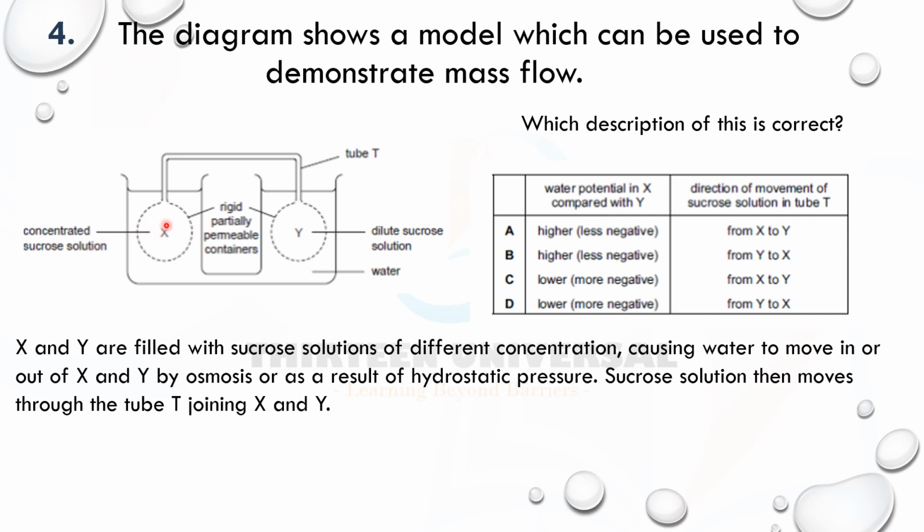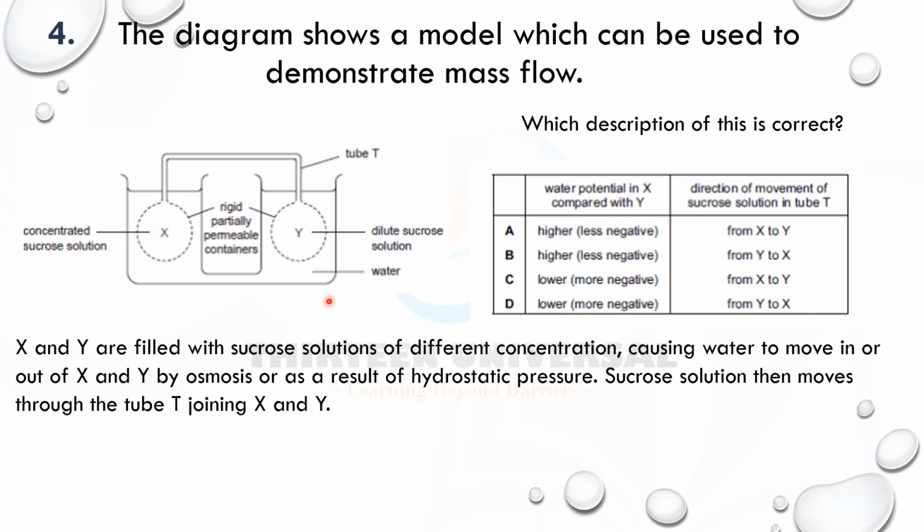So it has high sucrose concentration, which means it is going to have lower water potential. Dilute means low sucrose concentration, which means higher water potential. So X compared to Y has lower water potential, more negative, because it has more solute, more sucrose.